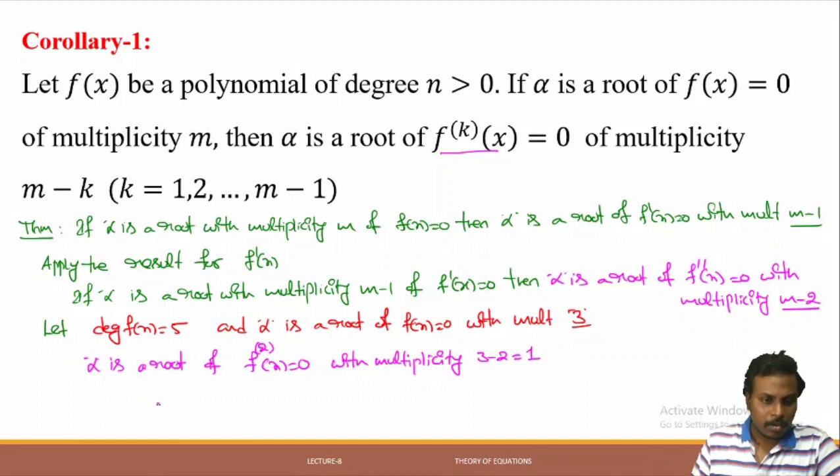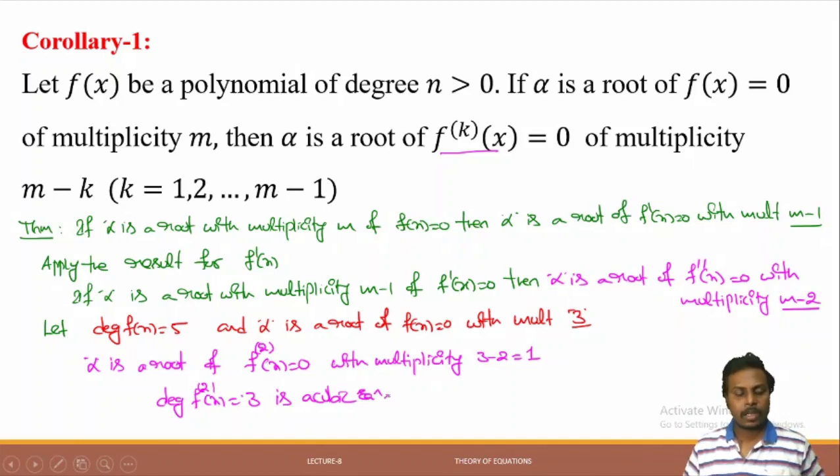Now the degree of f double dash x is equal to what? This becomes 3, it's a cubic equation. Now just think about it. If you want to find alpha directly, you have to solve a fifth degree equation, which is a little complicated when compared to solving a cubic equation.